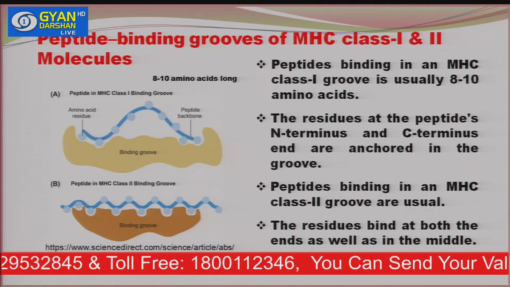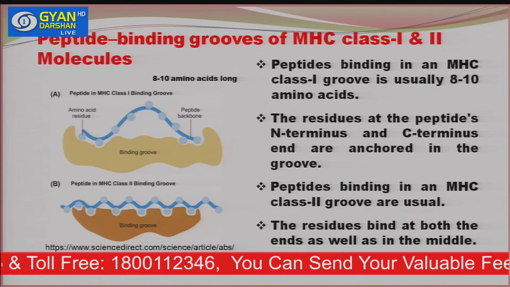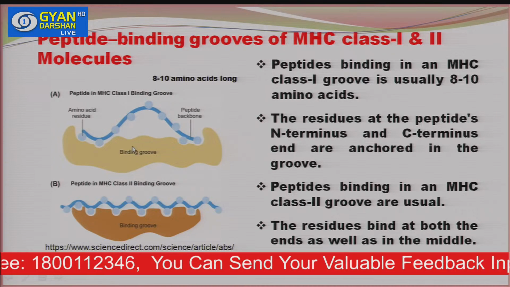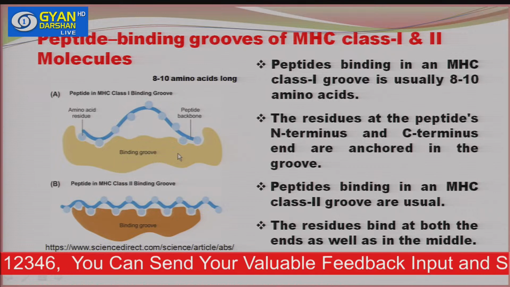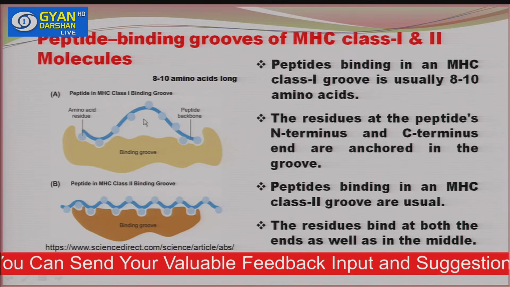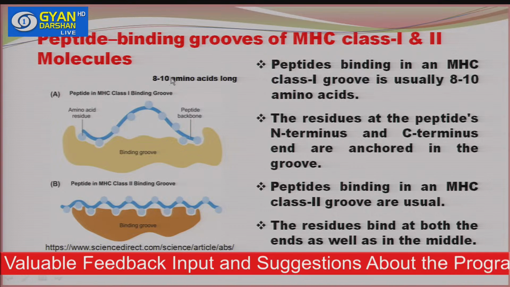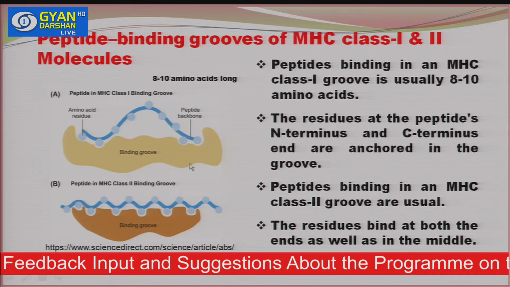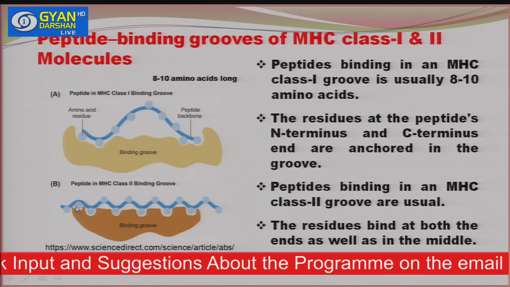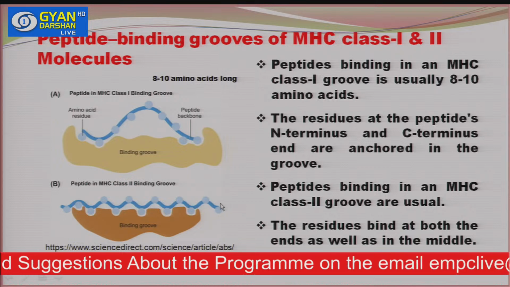Another thing I want to discuss is the peptide binding groups of the MHC first and second molecules. So you can see here the binding groups of MHC first molecules. Here is the MHC second molecule. Here it is 8 to 10 amino acids long, but here it is 13 to 18 amino acids long.